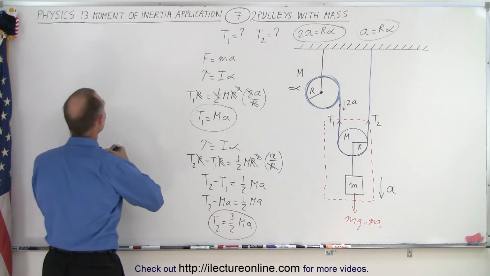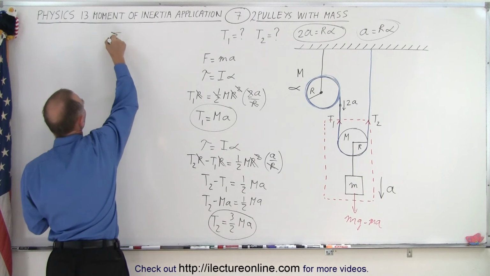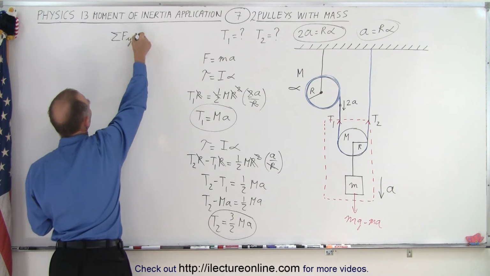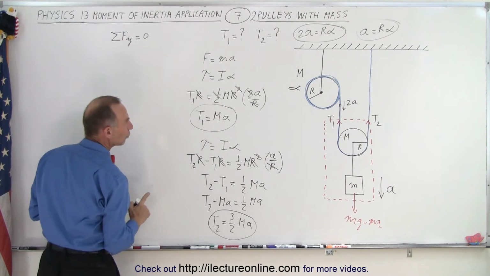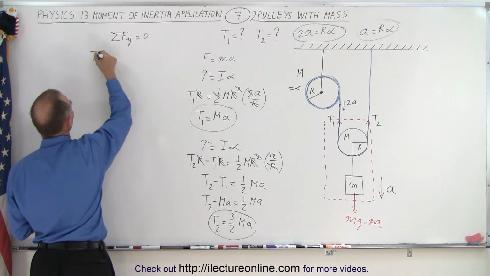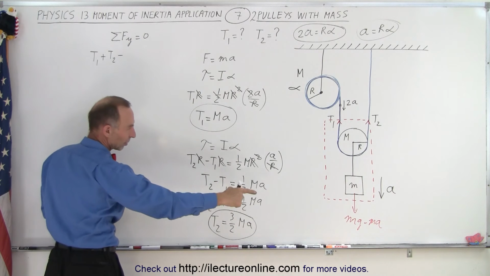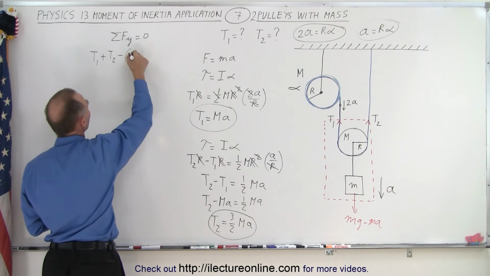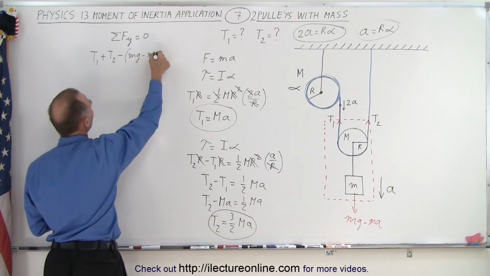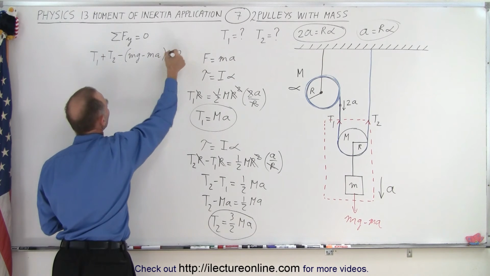So using the equation that the sum of all the forces in the y direction add up to 0, we have the two forces pulling up, T1 plus T2, minus mg minus ma pulling down, equal to 0.